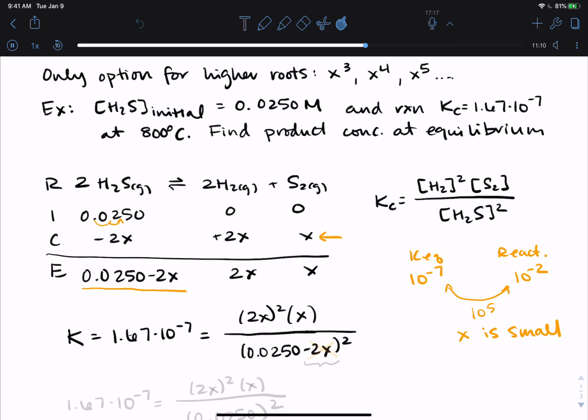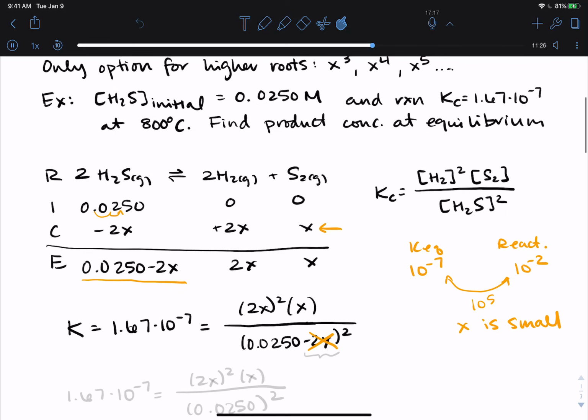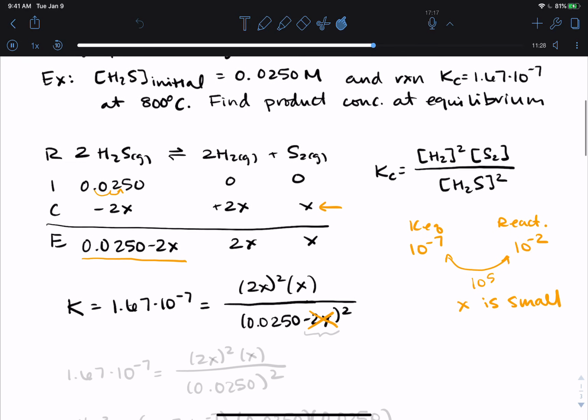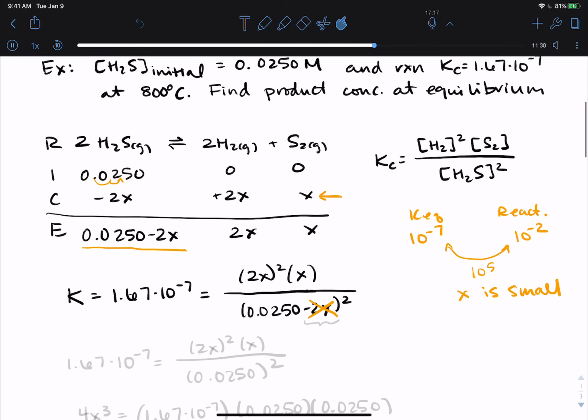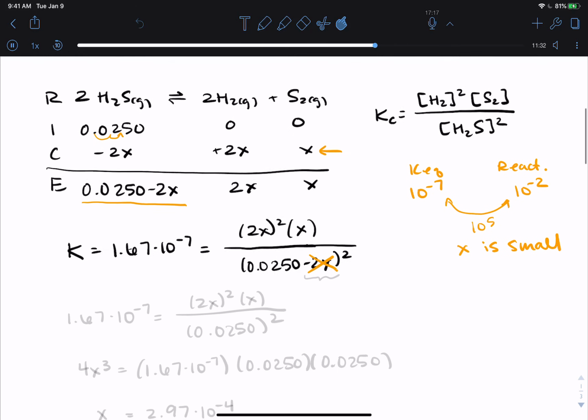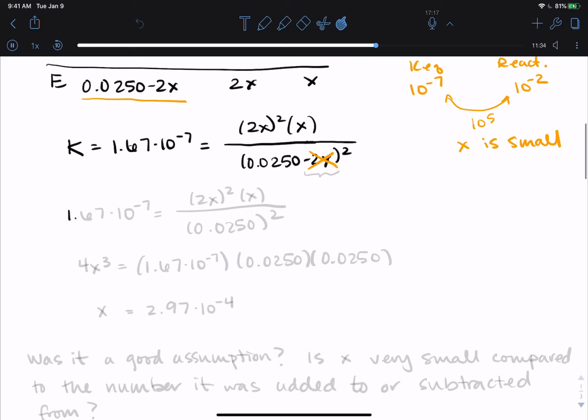So close that, based on sig figs, which we're not really dealing with this semester, it's almost exactly the same number. So when we say that x is small, we're going to eliminate that minus 2x.